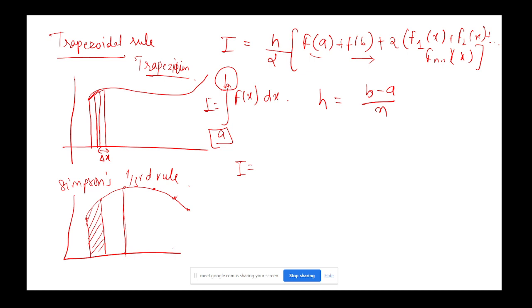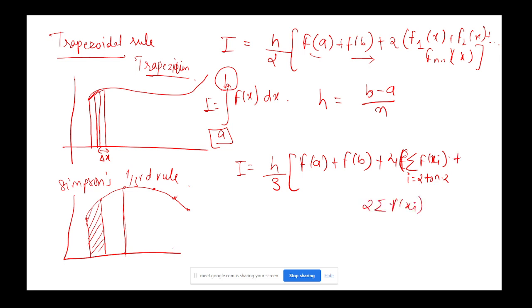So integration in that case would be nothing but h by 3 times [f(a) plus f(b) plus 4 times the summation of f(xi), i equals 2 to n minus 2, plus 2 times the summation of f(xi), i equals 3 to n minus 1]. Okay.